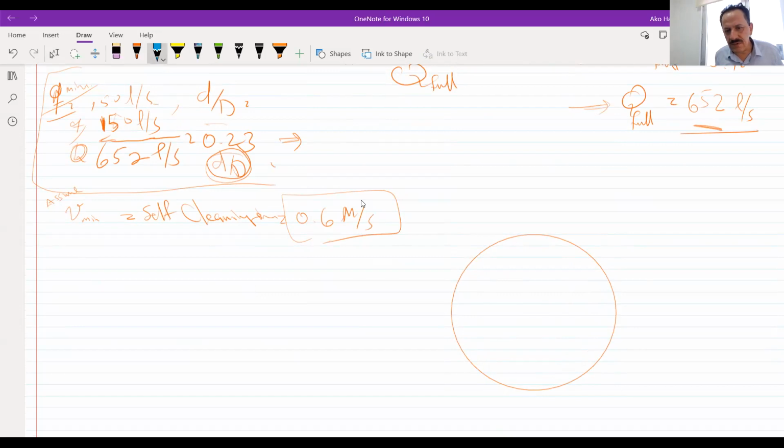This is the maximum weather flow, or let me say this is the case where I have 600 liter per second. So what will be the value of this d over capital D? d over D in this case is equal to 75%. Am I right?